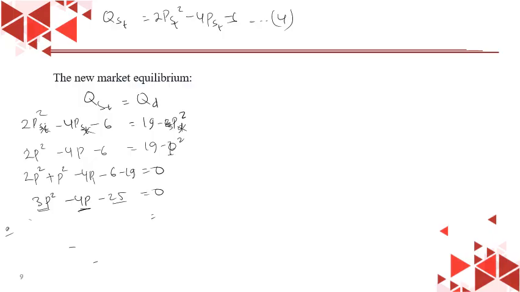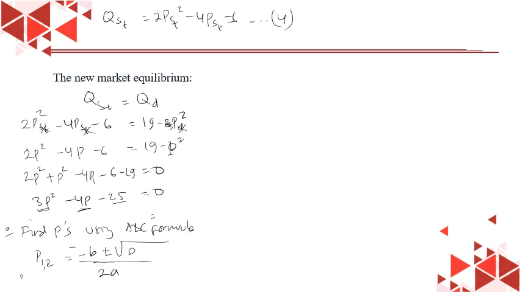So find the values of p using the ABC formula. Minus b plus minus square root of the determinant over 2a. Okay.